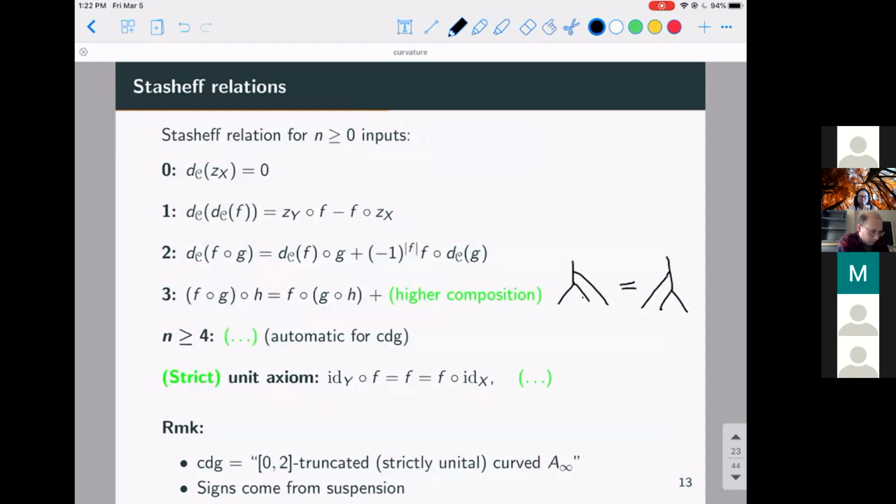So for example, here is the stash of relation with three inputs where I've ignored any higher compositions. Okay.